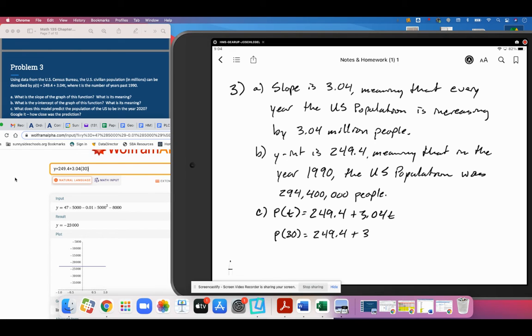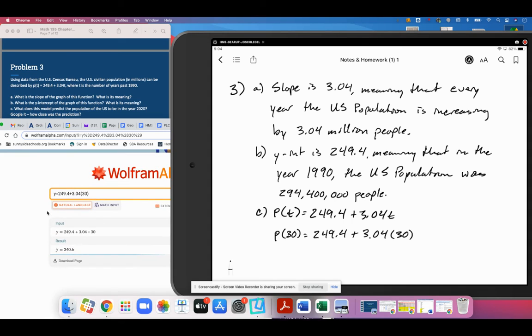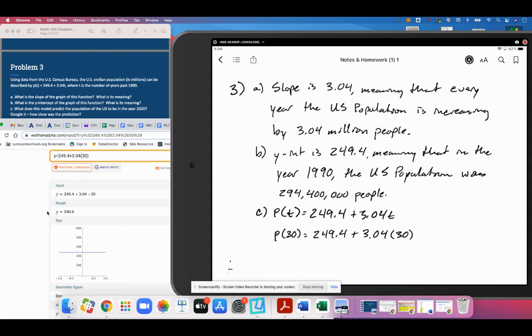So 3.04 times 30. And so we'll give that to Wolfram. We'll see what we get out of it. And we do get 340.6 million.